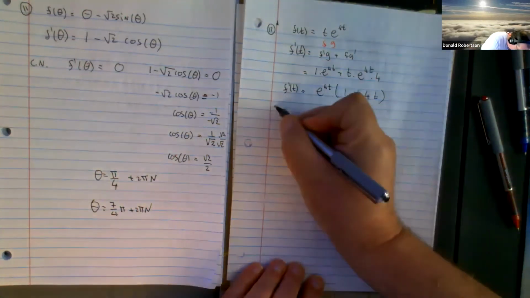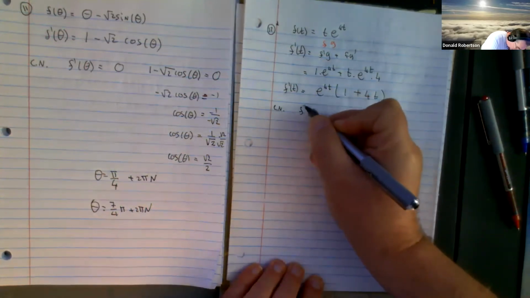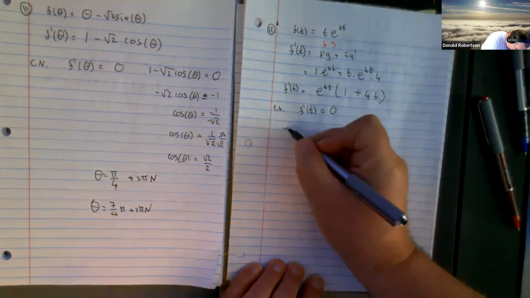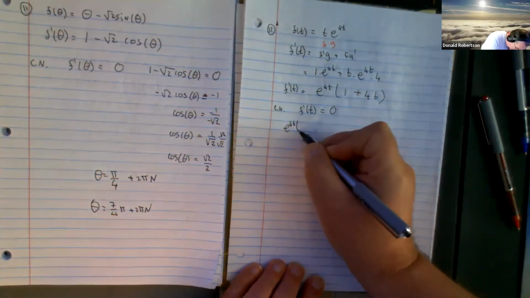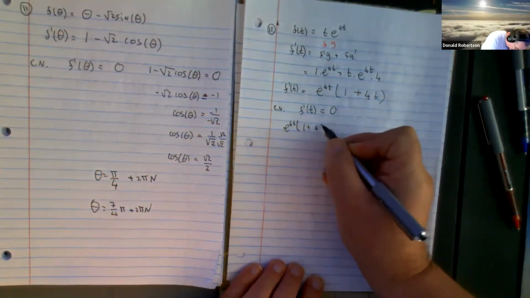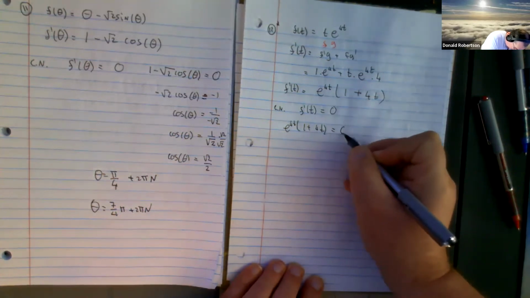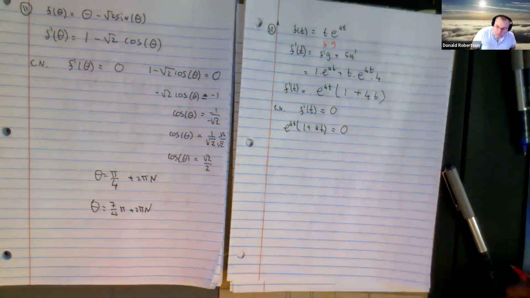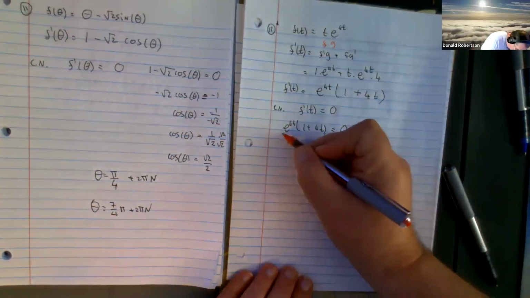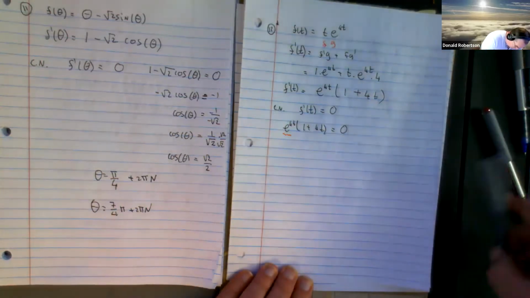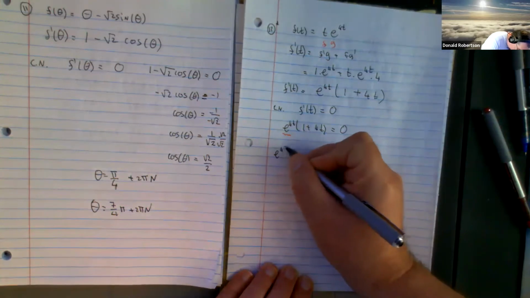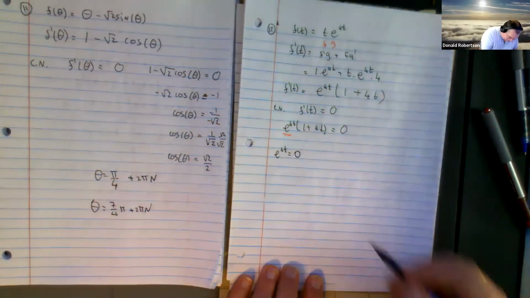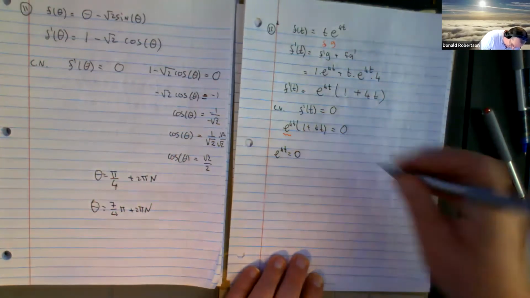So critical numbers. When is the derivative 0 becomes solving when is this equal to 0. Well, we're looking, if they exist, for a value of t that makes that 0.